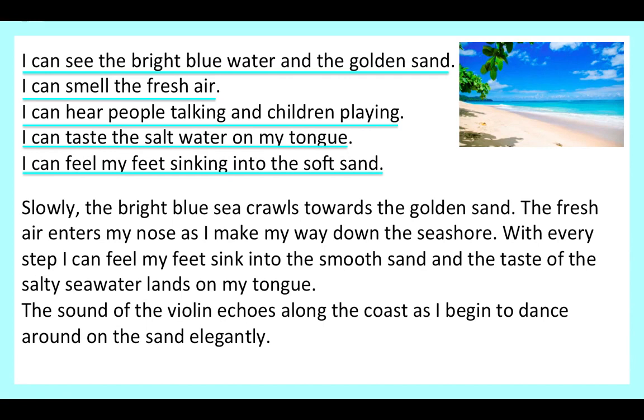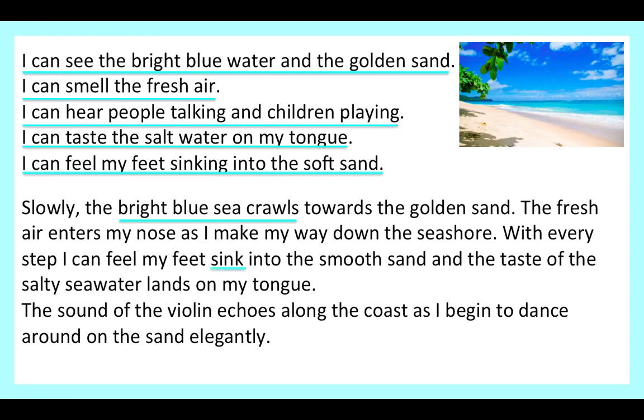Now let's look closely at a few examples and I will explain why it is effective. The use of alliteration in bright blue draws attention to the sentence, helping to emphasize how vibrant and beautiful the sea is.